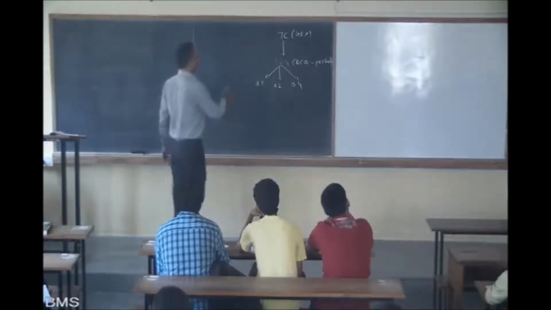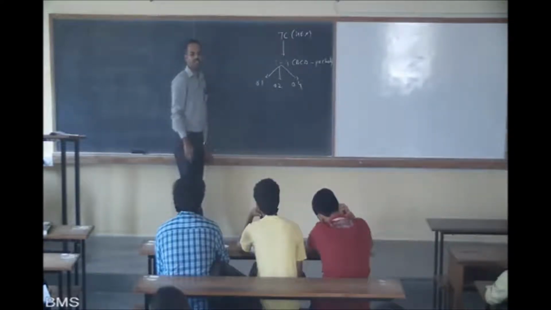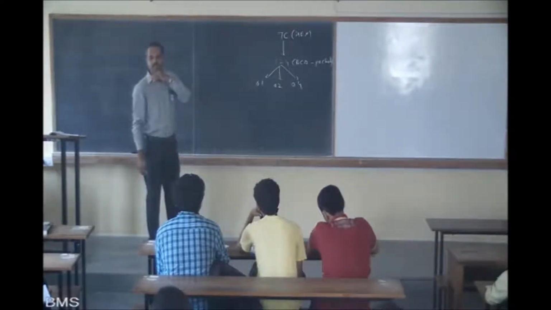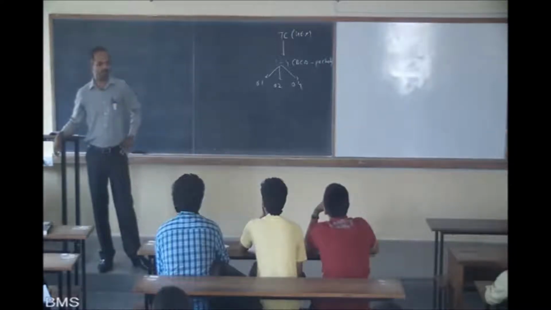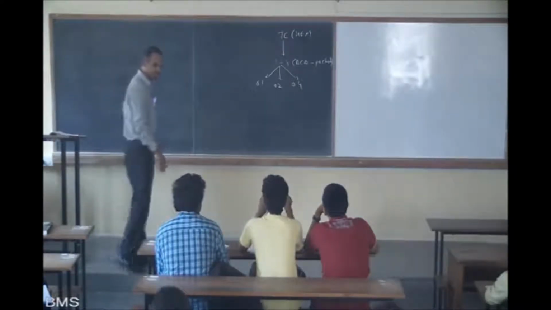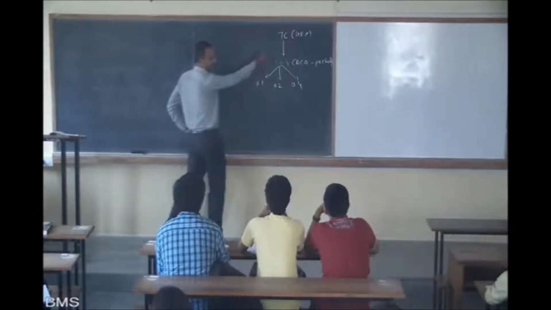How do we convert any number in hexadecimal to the decimal? No, don't do it. How do you do it mathematically? For converting this to decimal?